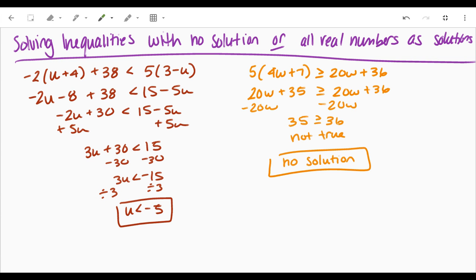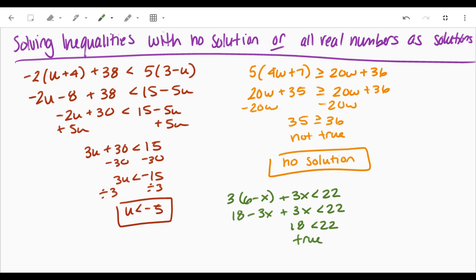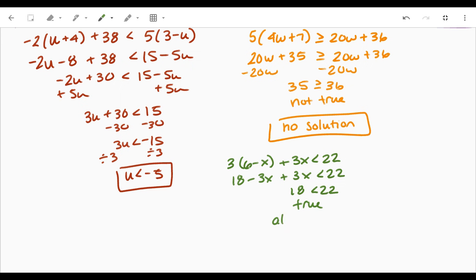If I have 3 times 6 minus x plus 3x is less than 22. So distribute: 18 minus 3x plus 3x is less than 22. 18 is less than 22. That is true. 18 is always less than 22. So we could say all real numbers work in here.